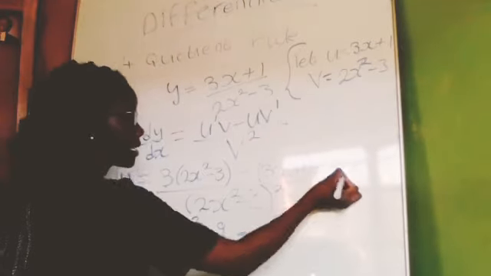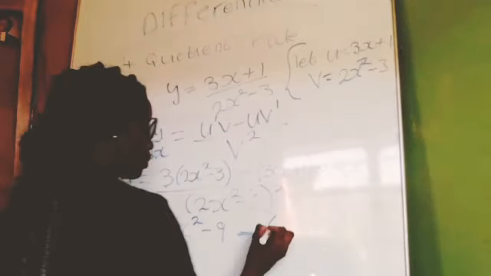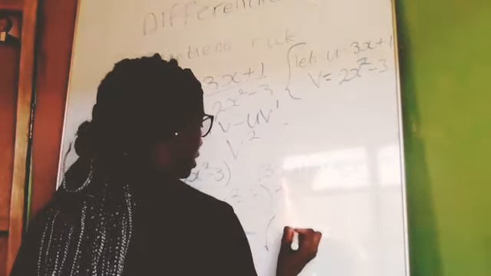So 4x times 3x, this would be 12x squared, plus 4x times 1 is just 4x, over v squared, which is 2x to the power 2 minus 3, squared. So that's what we have here.